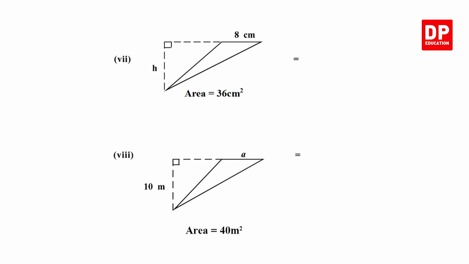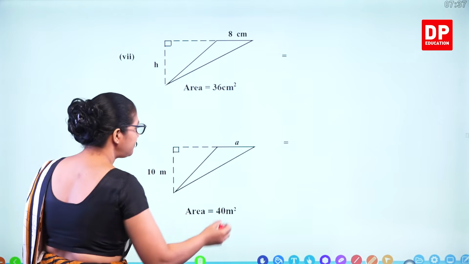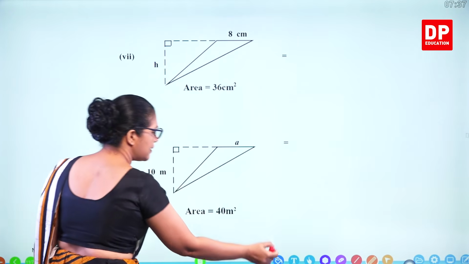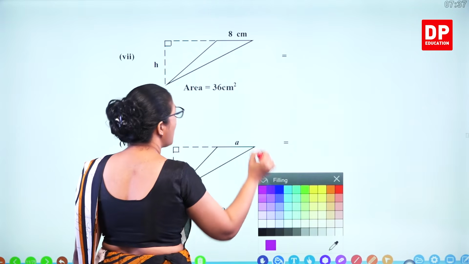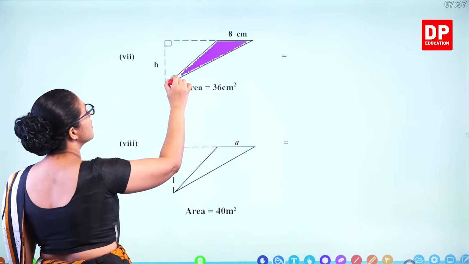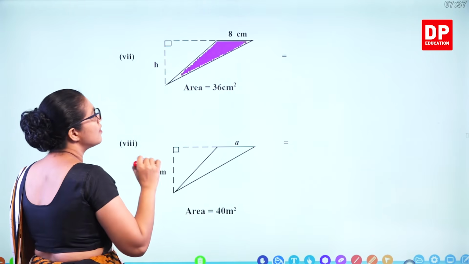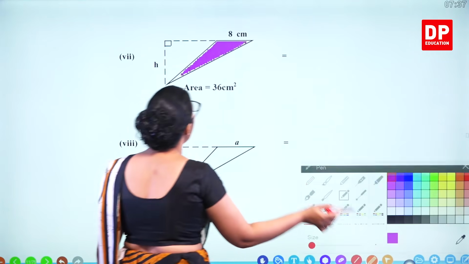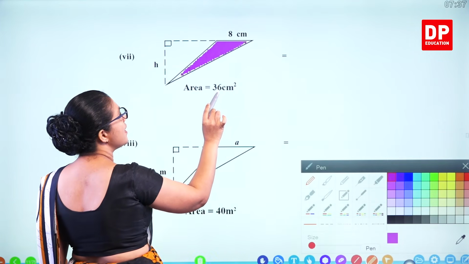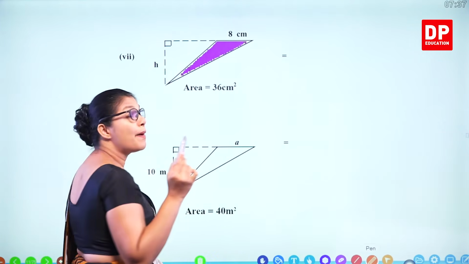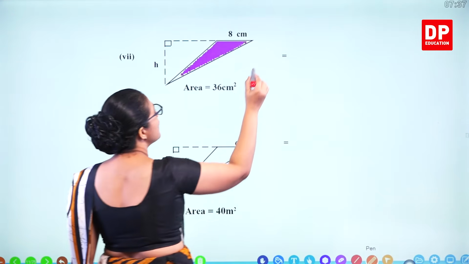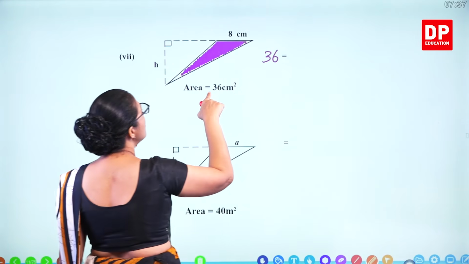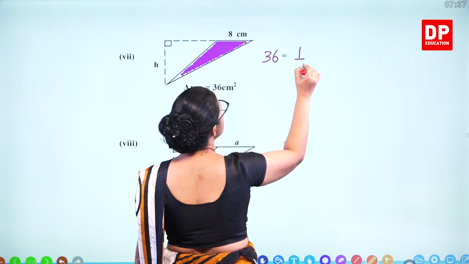Another obtuse angle triangle. So we can color this and see. You need to find out the area of this part. So what's the area? Area is given. You need to find out the perpendicular height now. So 36 is equal to half times.